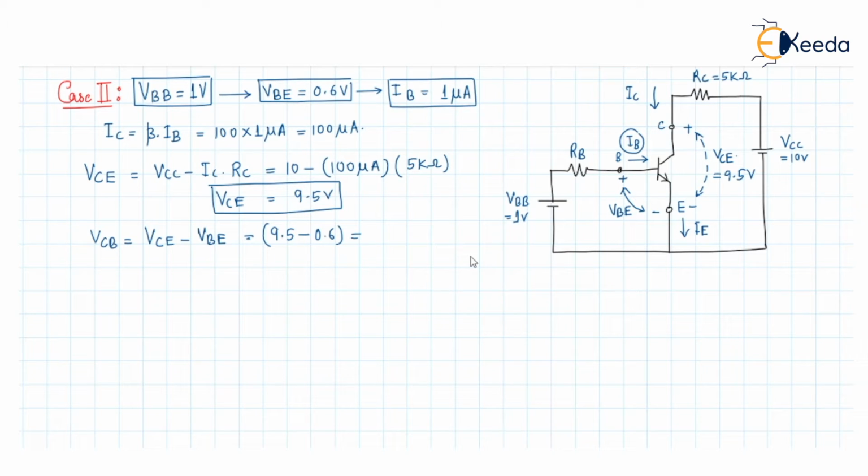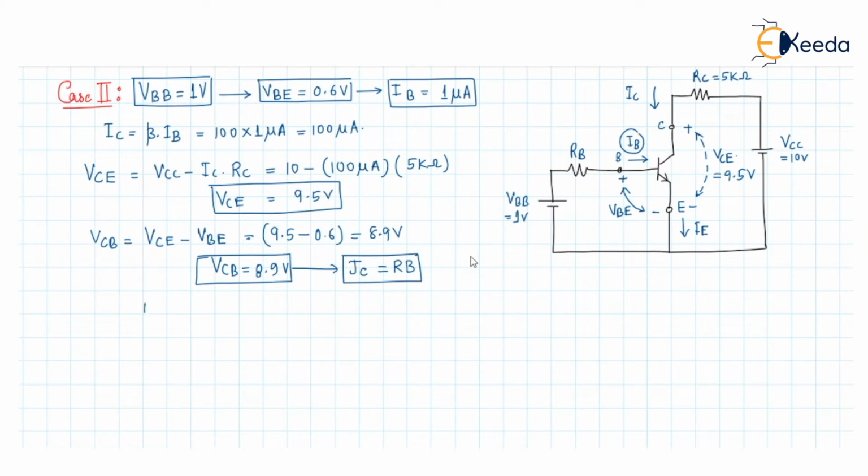So it will be 8.9 volt. We have got the value of VCB as 8.9 volt. So the collector is at higher potential than the base. So we can say that the JC junction right now is in the reverse bias condition.